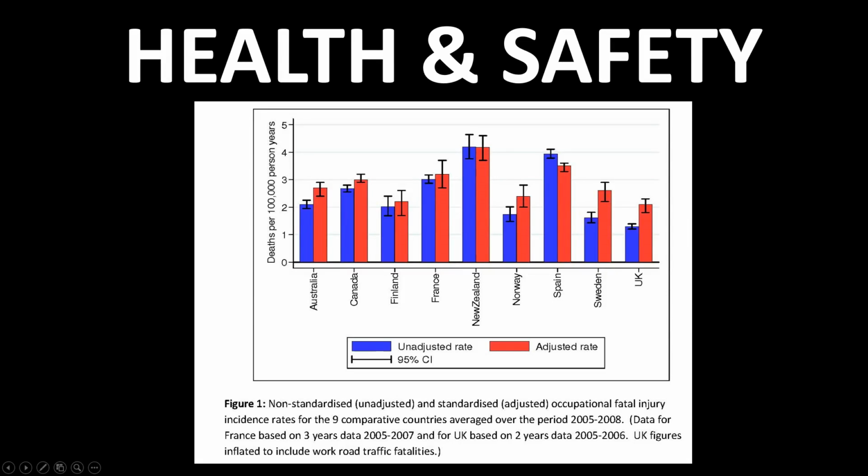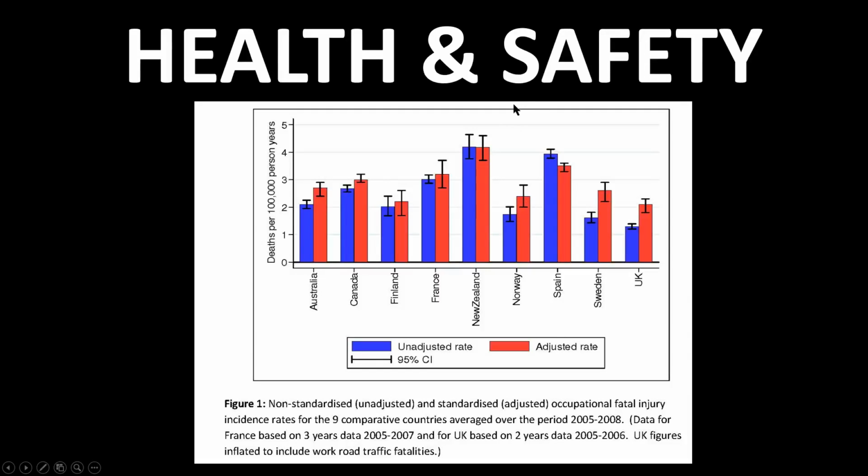All right, so moving on, let's look at health and safety. A little bit about health and safety. Now here we have a graph of health and safety deaths per 100,000 person-years.